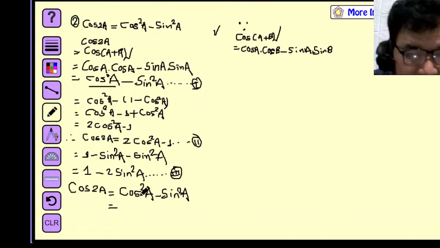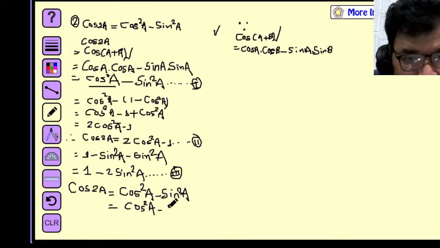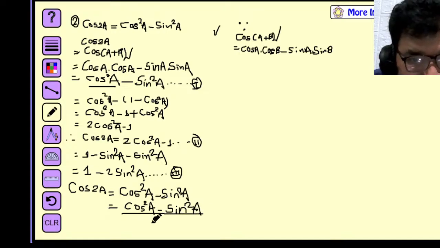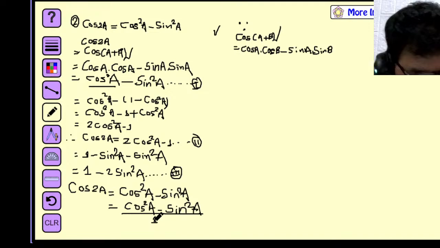To do that, we write the same, cos square A minus sine square A, and this whole will be divided by 1.